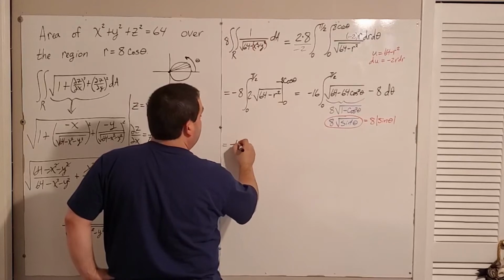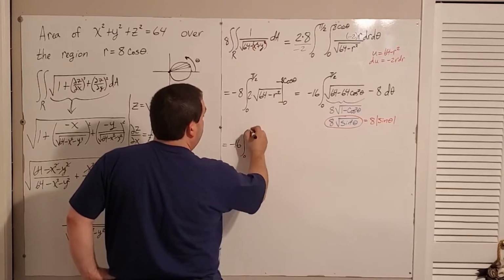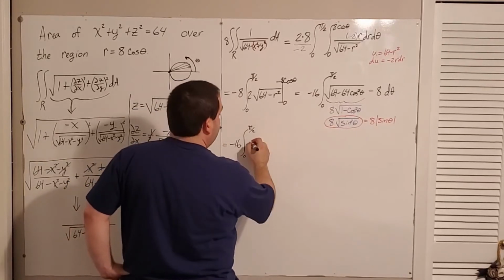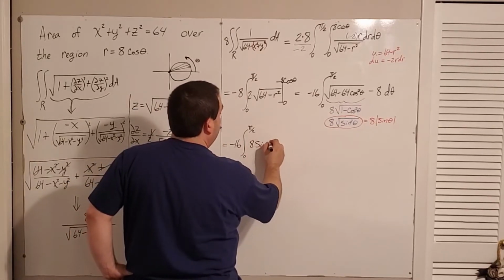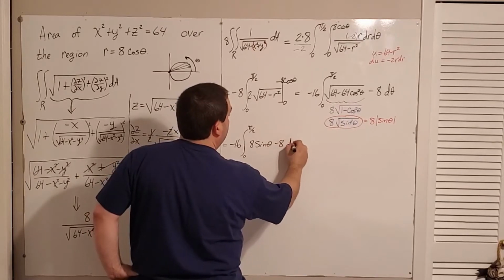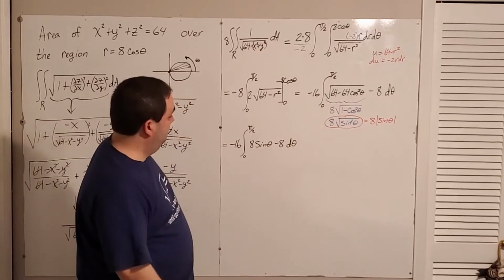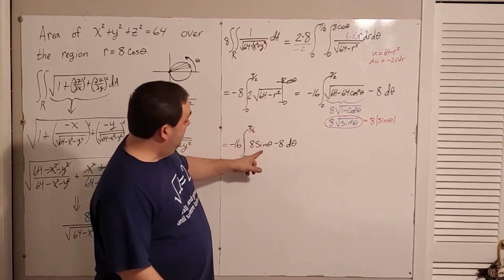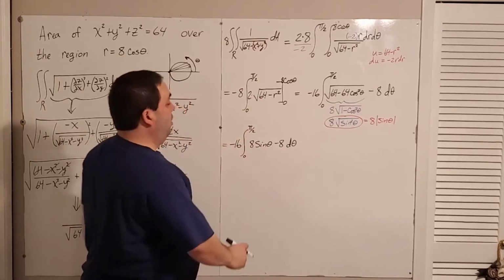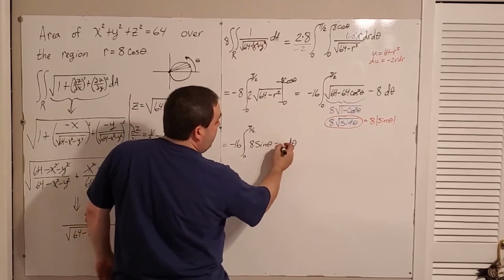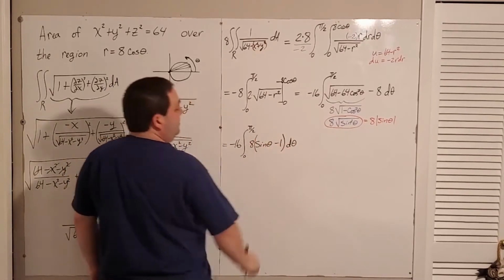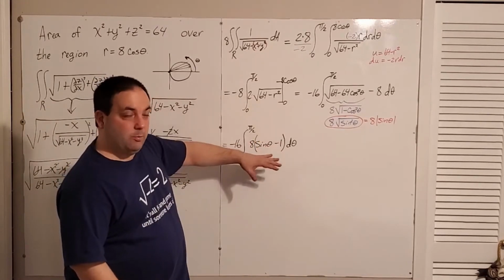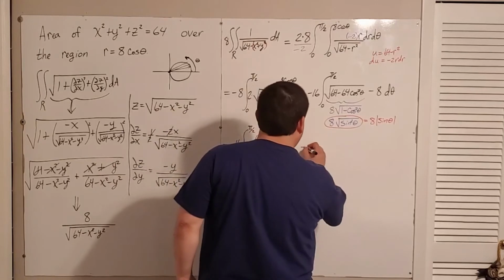I have negative 16, 0 to pi over 2. I've got 8 sine theta minus 8 d theta. Factor out the 8 and integrate the sine theta minus 1, right? If I factor out an 8, technically it would look like this. So I can pull the 8 all the way out, and I'm just going to integrate that piece. Okay?